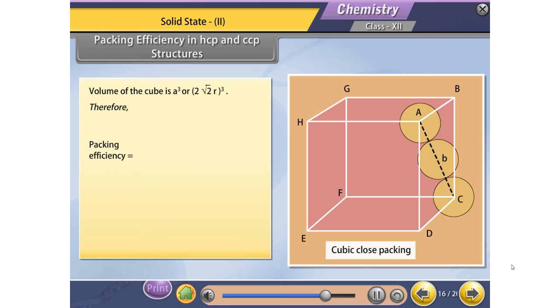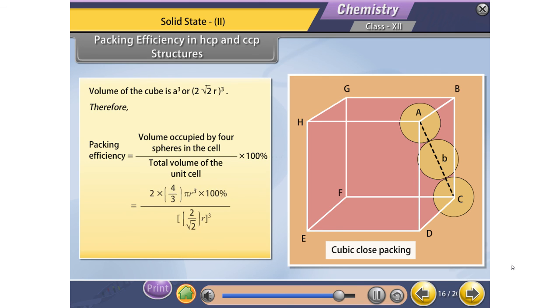Therefore, packing efficiency is equal to volume occupied by 4 spheres in the cell × 100 upon total volume of the unit cell, which is equal to 4 × 4/3 πr³ × 100 upon (2√2 r)³, which is equal to 74%.